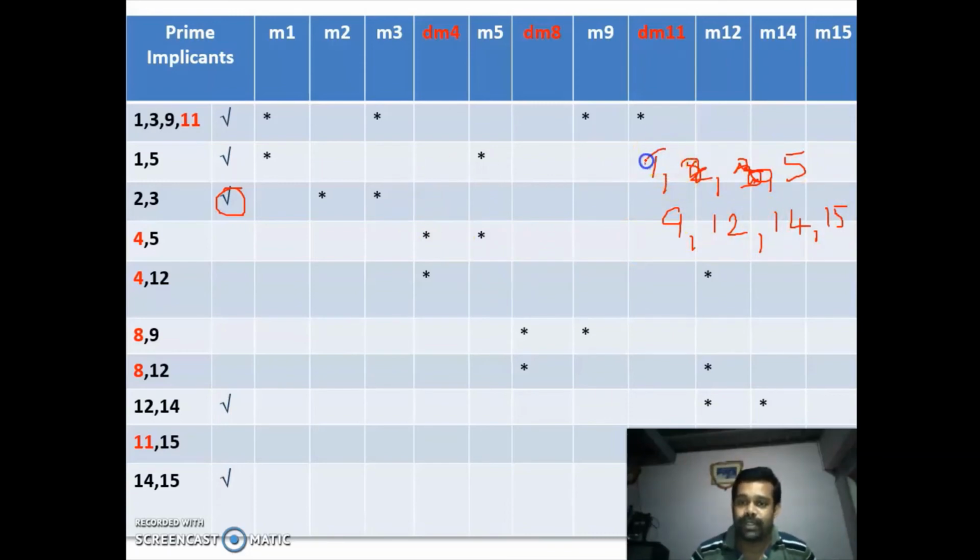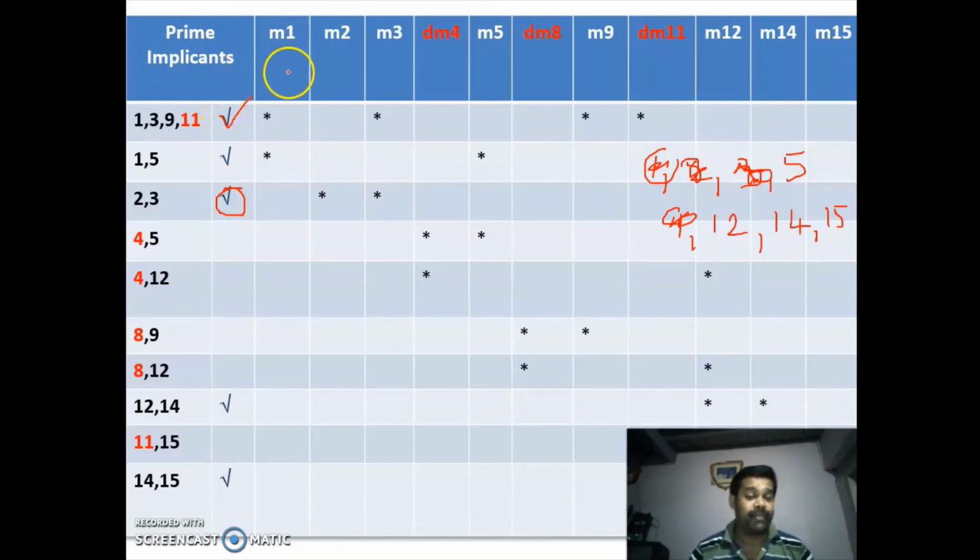So first you check 1. 1 is present in 1, 3, 9, 11 and 1, 5. In these two places you are having 1. If you take this, 9 will also come with this 1. So this 1 and 9 get grouped, so we are going to tick this one.